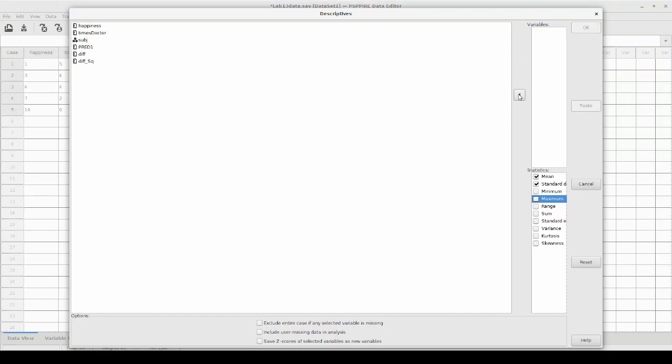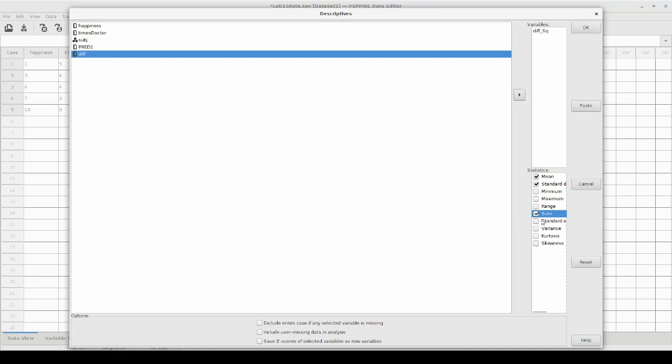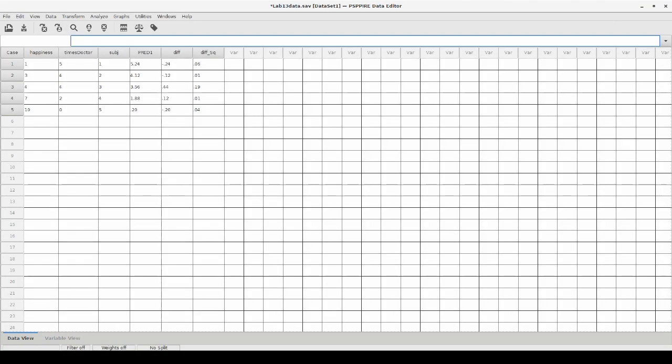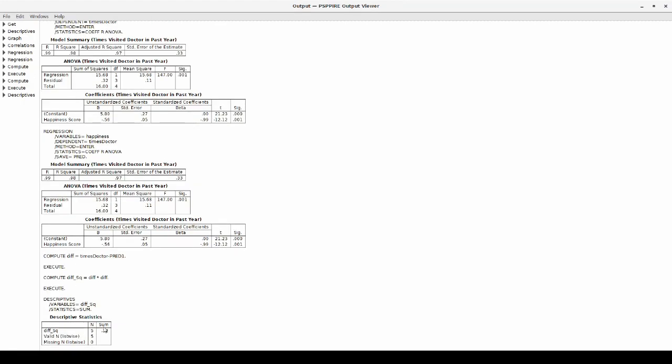Let's ask it about the difference squared, and we're going to ask it for a sum this time. And when we're back in this output, we will see that the sum here is a 0.32, which we calculated ourselves as the sum of squares for the residual. If we divided this number by our degrees of freedom, or our n minus 2, and then square rooted, then we would get this standard error of the estimate. We get that exact same number.